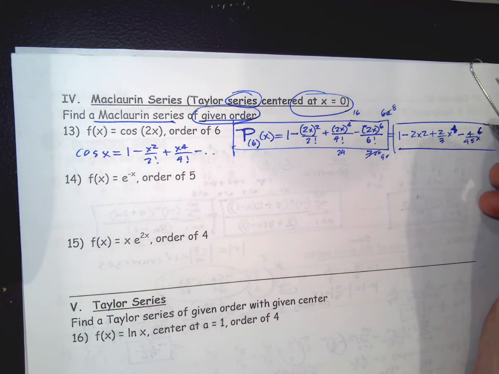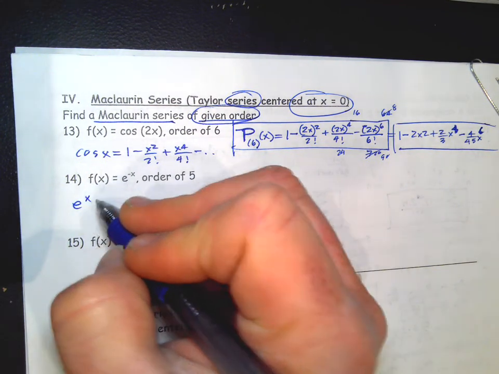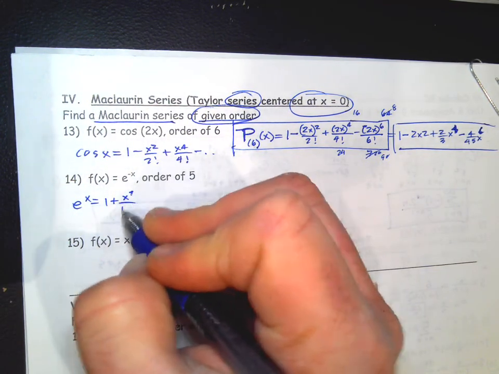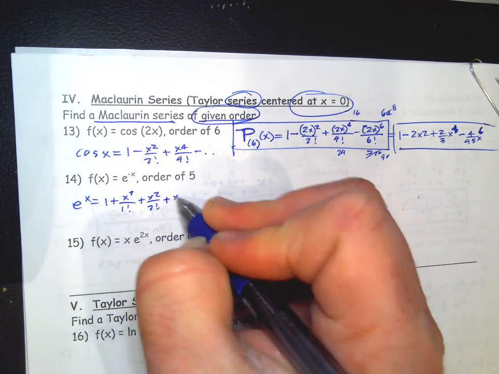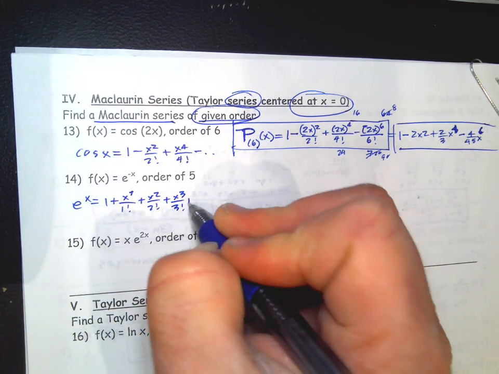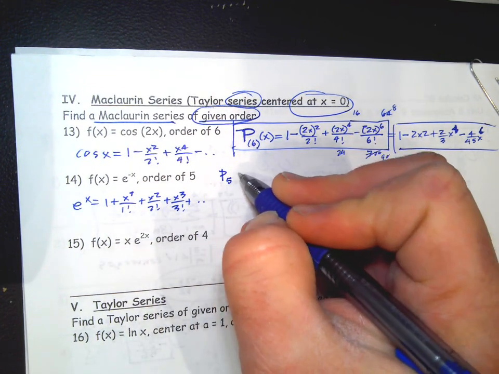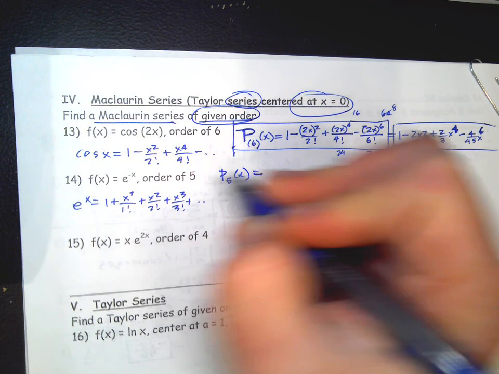Okay. So, anyways. All right. Next one's e to the x. So I'm going to do e to the negative x. So I'm going to do e to the x, which is 1 plus x to the first over 1 factorial plus x squared over 2 factorial plus x cubed over 3 factorial, and so on. So for us, this 5th order Taylor polynomial is going to be, we're going to plug in a negative x everywhere.